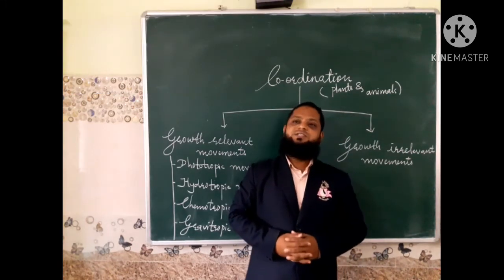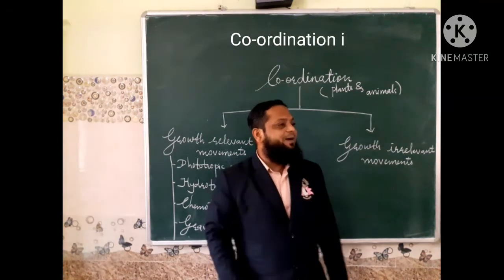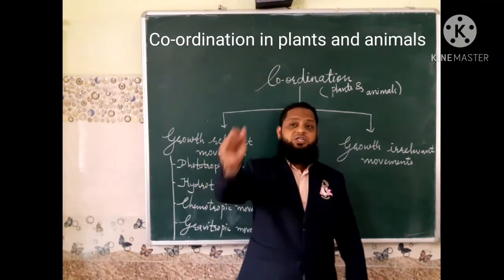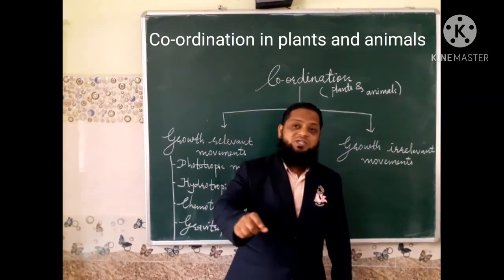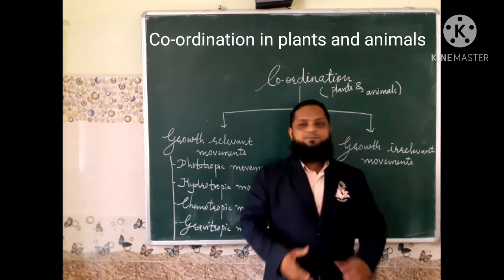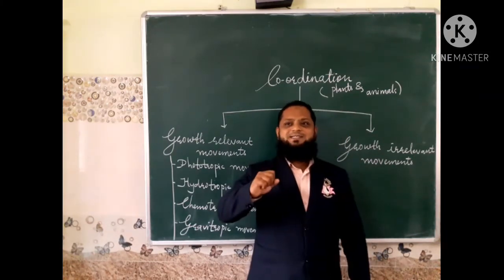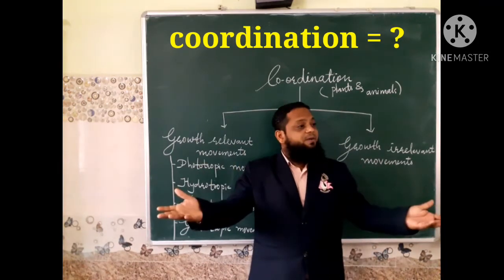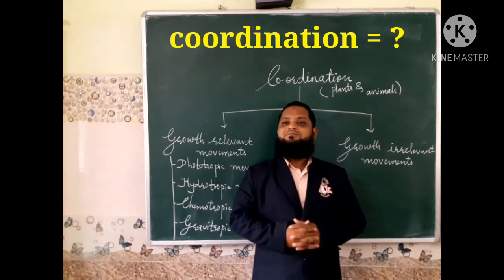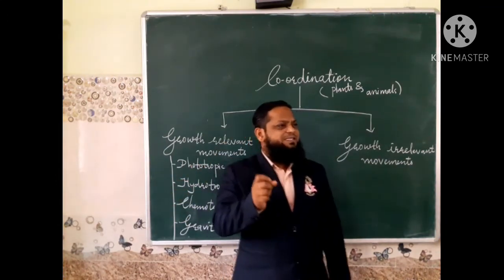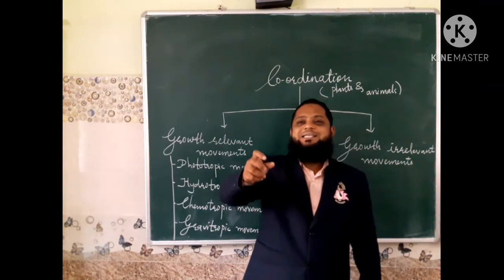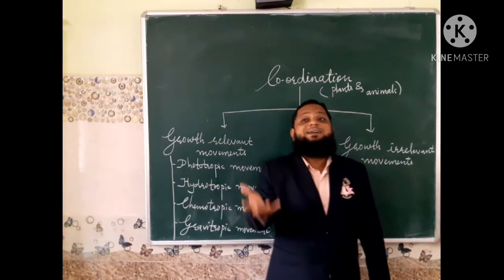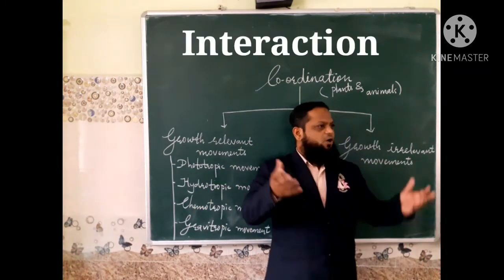Now, in this section, we are going to learn about coordination in plants and animals. So, the first thing is, what is meant by coordination? In simple terms, we can say coordination is nothing but interaction in common.